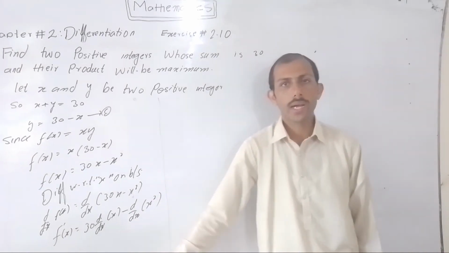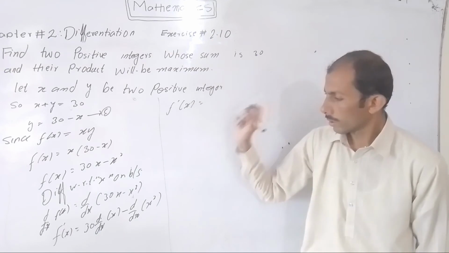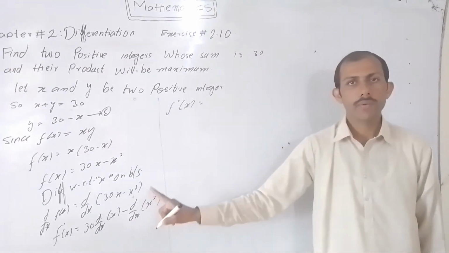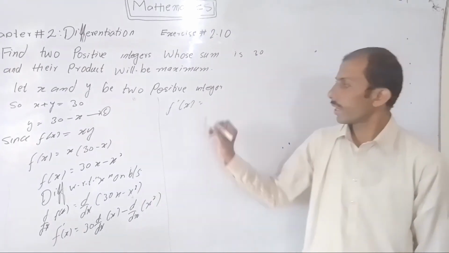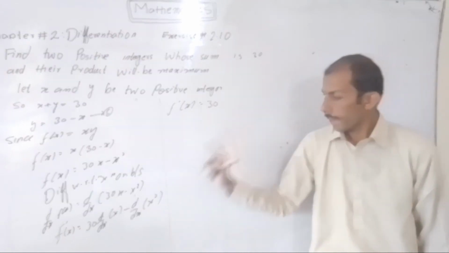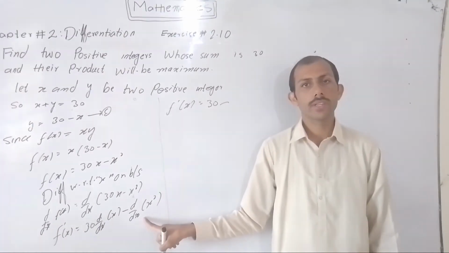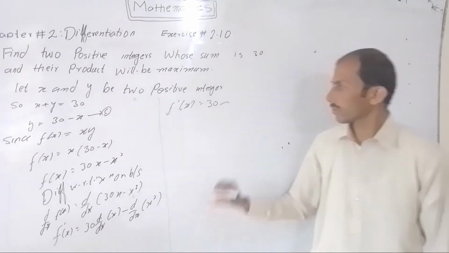Derivative of x with respect to x is equal to 1, so 30 multiplied by 1 is 30, minus derivative of x square with respect to x, which is 2x.